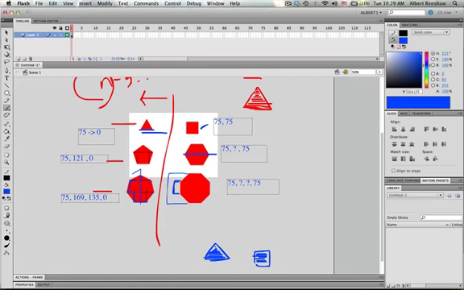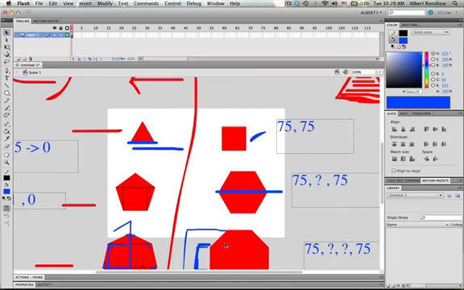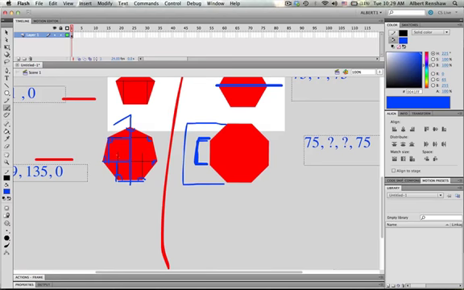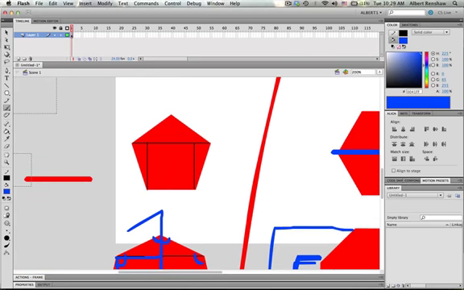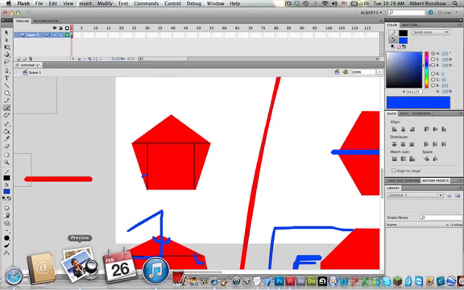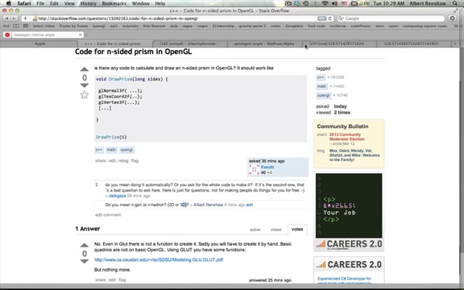So, to draw any shape, you need to calculate the length of these sections here. And the way I've done that is by solving the interior angle, meaning this angle, which is the formula for n-gons. I'll go ahead and pull that up.